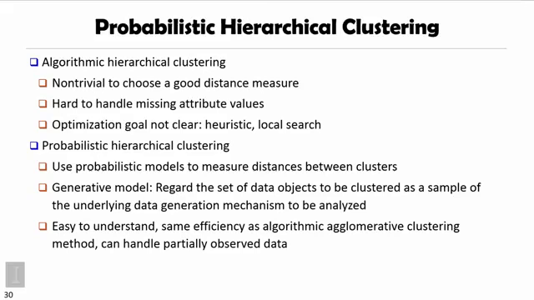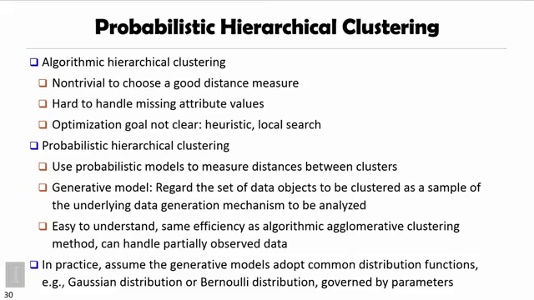Then you finally find the parameters, that is, how they generate this data set. It is easy to understand. It has the same efficiency as the algorithmic agglomerative clustering method, and it can also handle partially observed data.